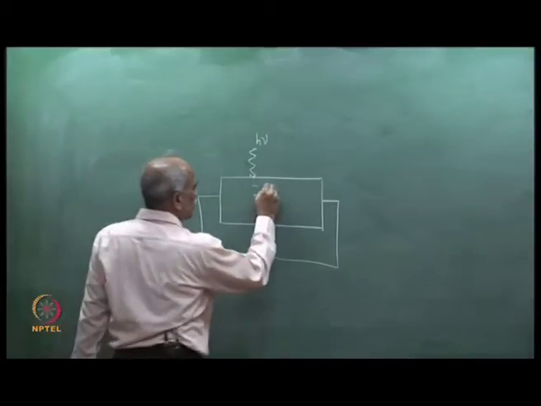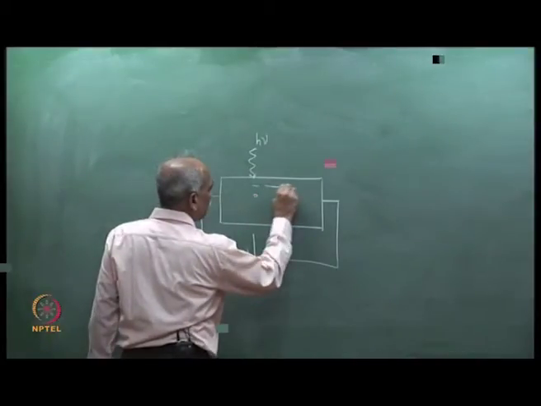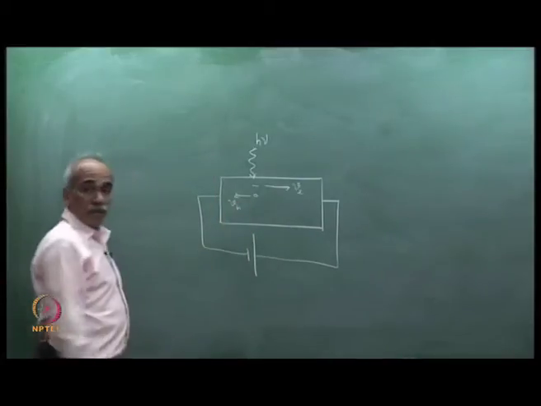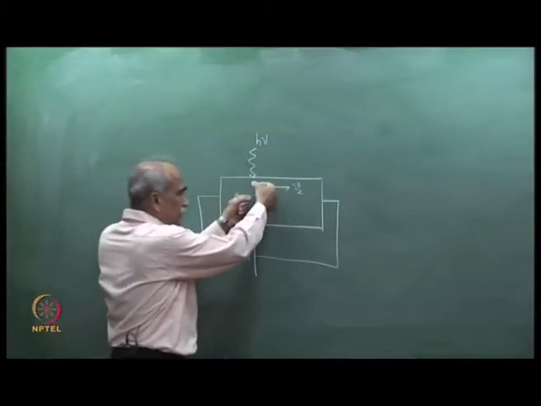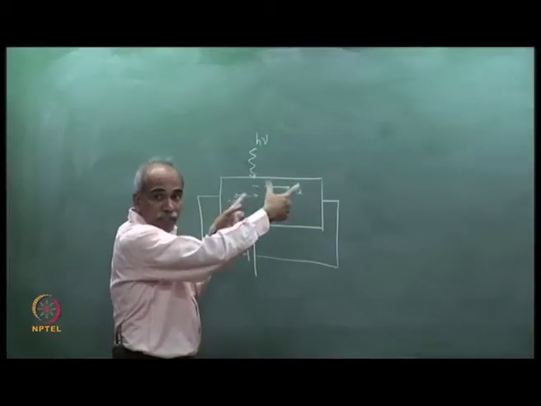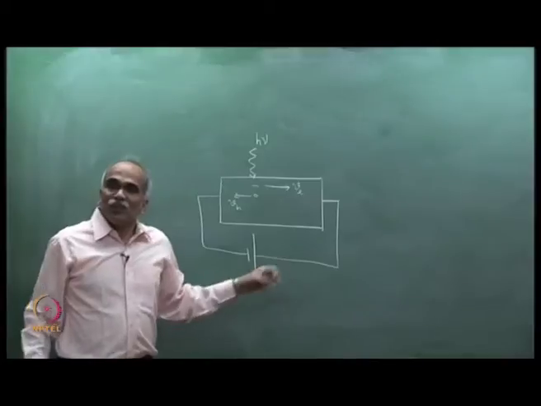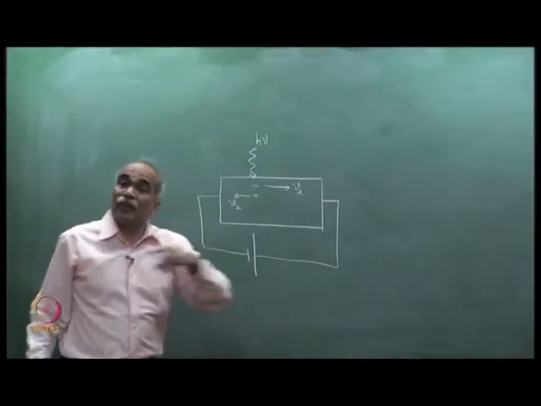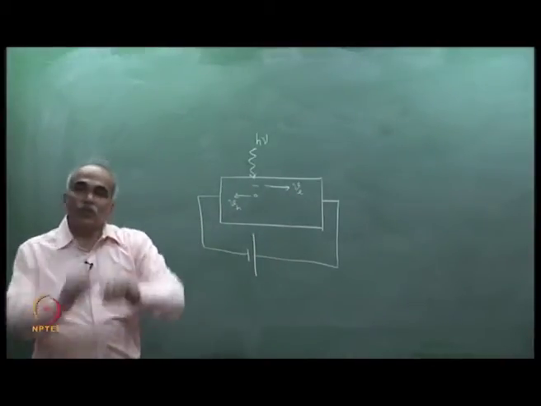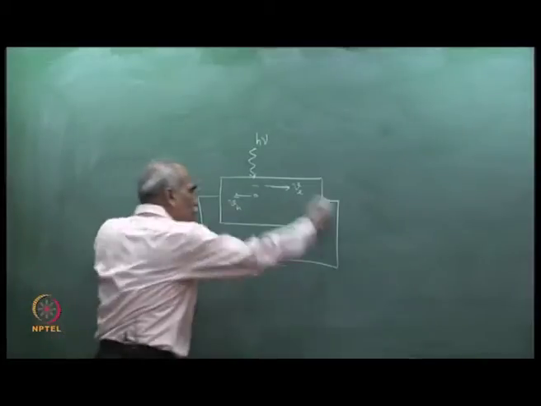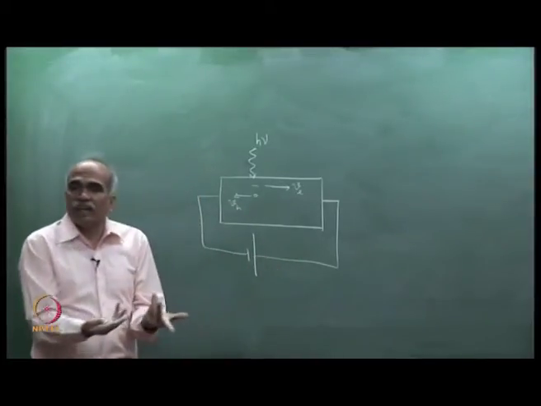As soon as the carrier starts moving in the medium, there is current in the circuit. It is not that you get current when it is collected. Once it is collected, it has gone into the conductor, no more current there.